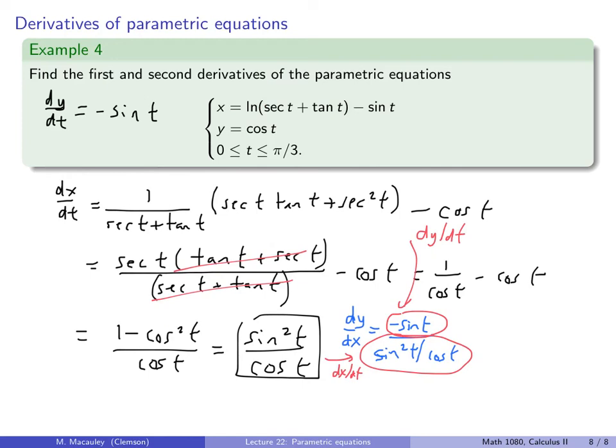We'll have a negative cosine t on top and sine t on the bottom, and that's equal to negative cotangent of t. So this is the first derivative.